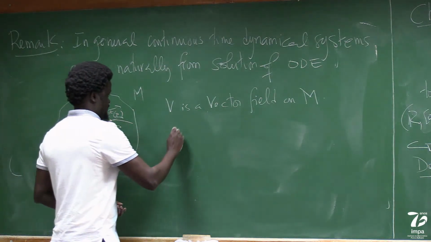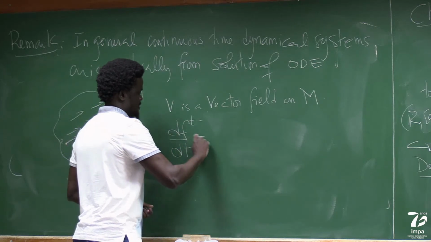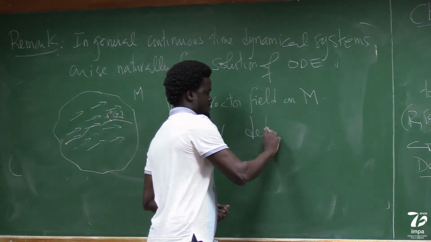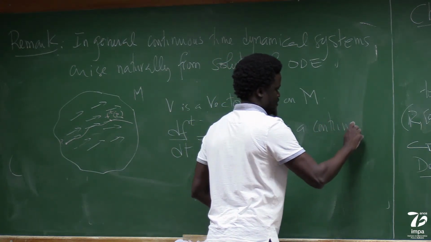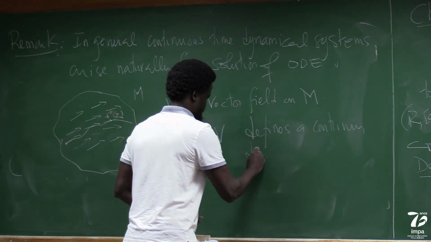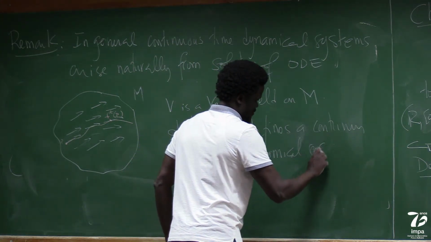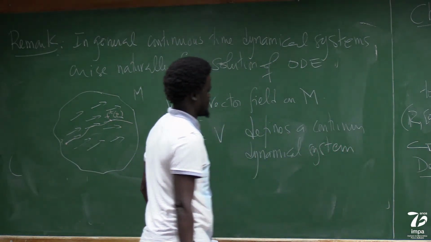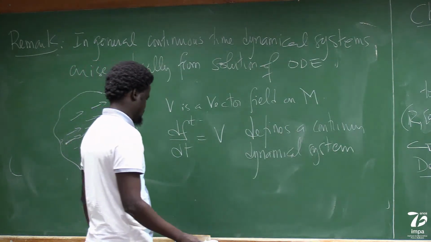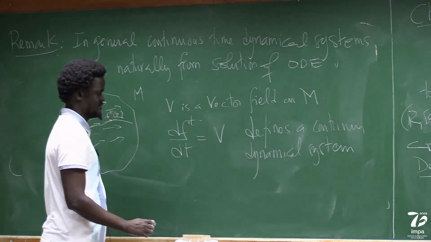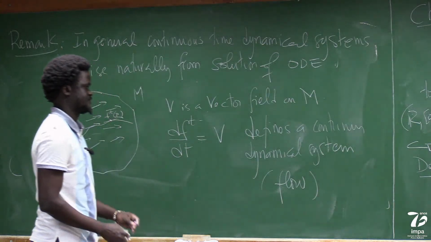If you solve this, this defines a continuous time dynamical system that is also called a flow. So we will call a continuous time dynamical system a flow.